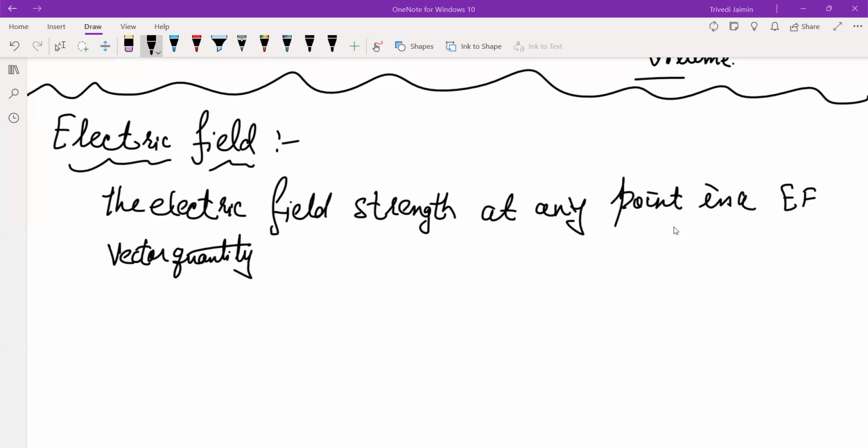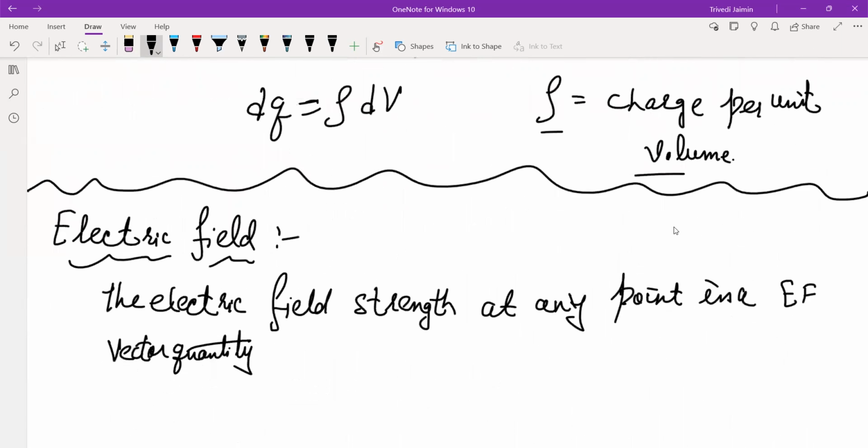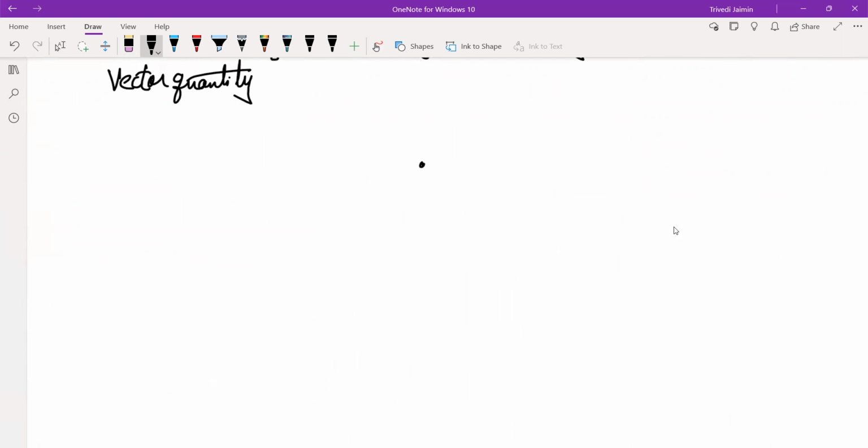Suppose we are taking some test charge here. So, what is a test charge, by the way? When we are taking one charge here, assuming one charge which is brought near some object or some other charge, then we'll calculate the values according to that. Suppose this is charge 1 and one charge, let's name it Q0. It's brought nearby this one and brought nearby Q2.